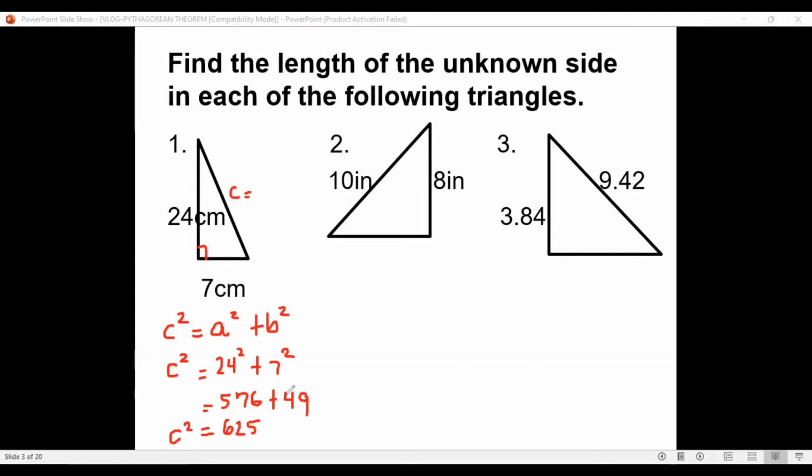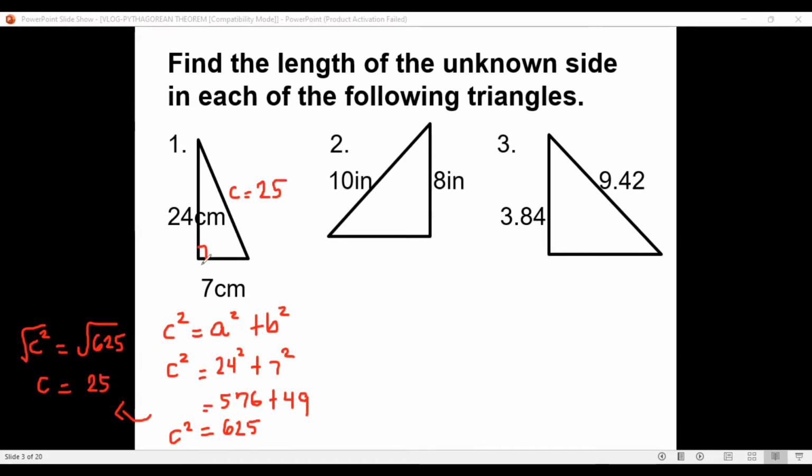So this pertains to c squared, but since what we have to look for is the value of c, we need to extract the square root of c squared, and that has to be done also with 625. If we extract the square root of 625, the answer is 25.